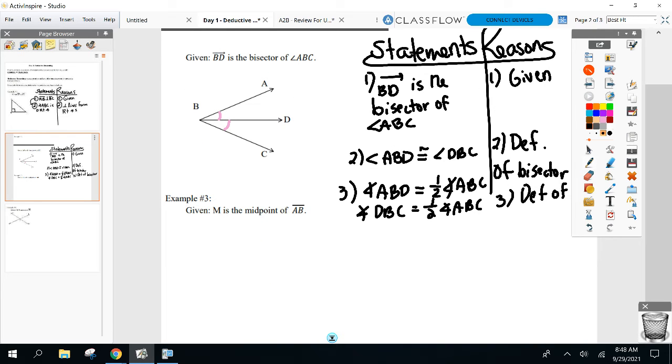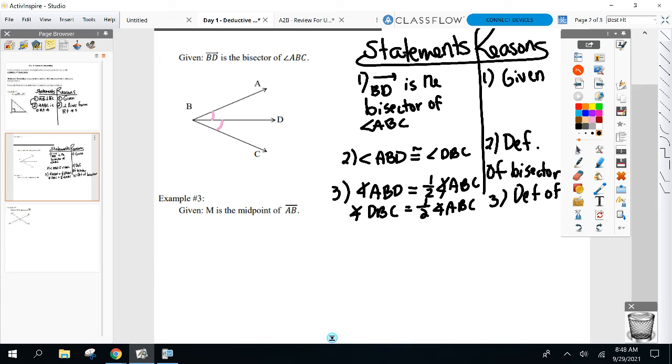What's example 3 missing? Oh, so sad. Got to draw your own. So sad, honors kids. M is the midpoint of AB. Draw it. Line segment AB. M is the midpoint.